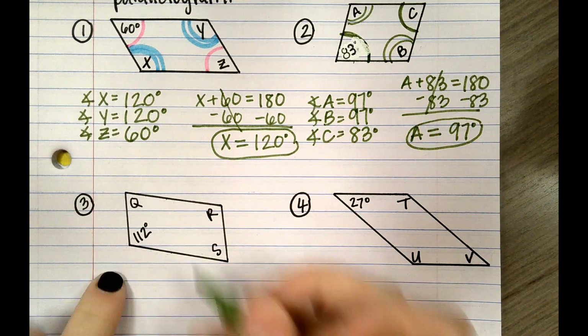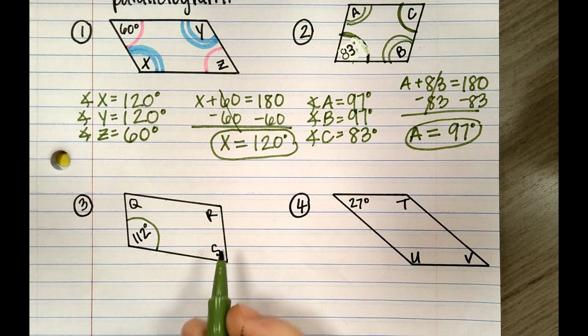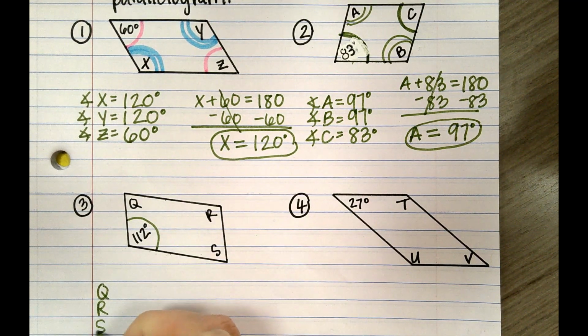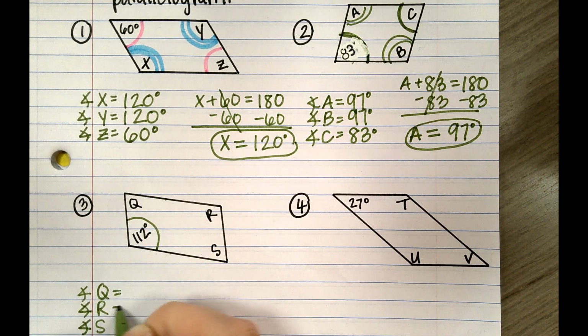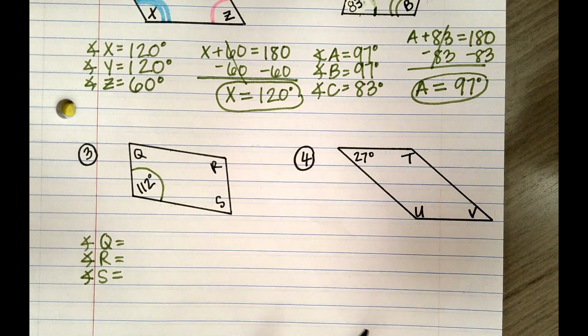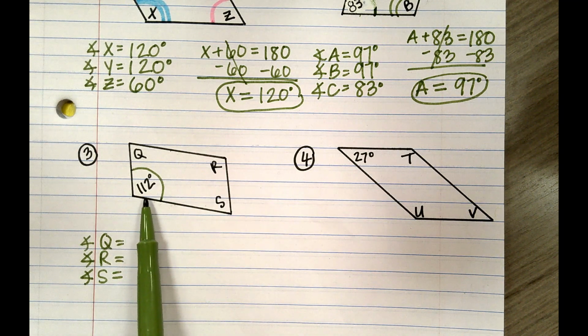Let's look at number 3. I have an angle that is 112 degrees. Which angle, Q, R, or S, is equal to 112 degrees? Which angle is the opposite of 112?